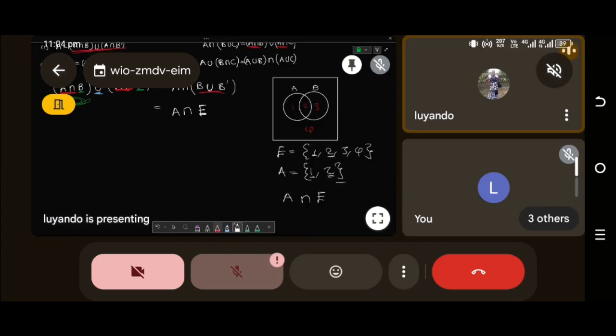These are the only elements that they are sharing from the set. So we can see that this is the same as this. In short, we can simplify A intersection E to just be equal to A. Are we clear?